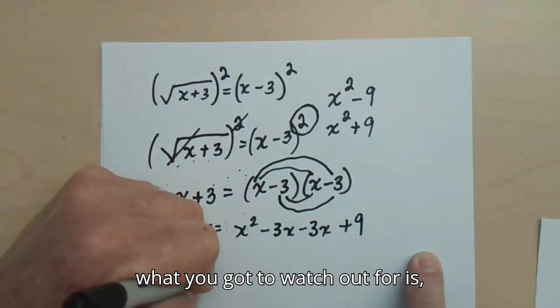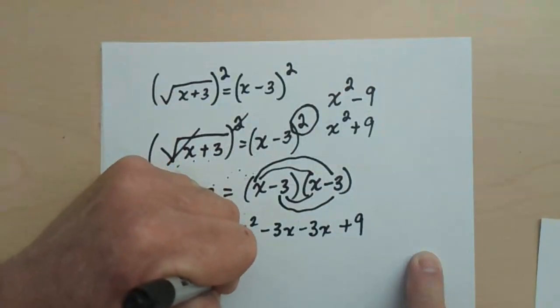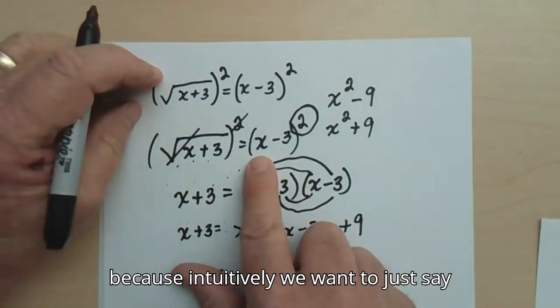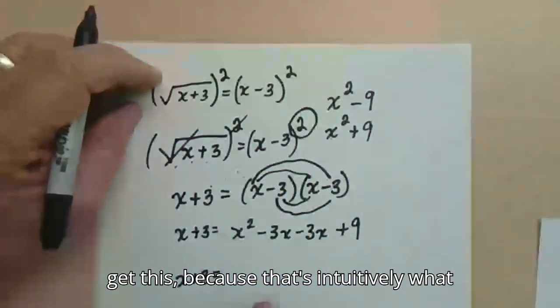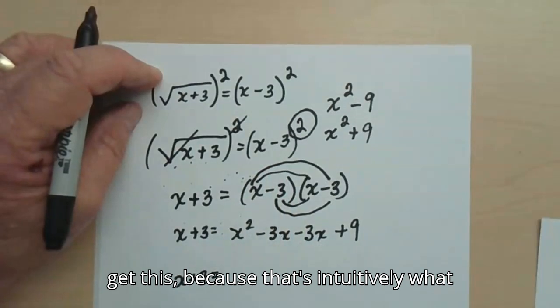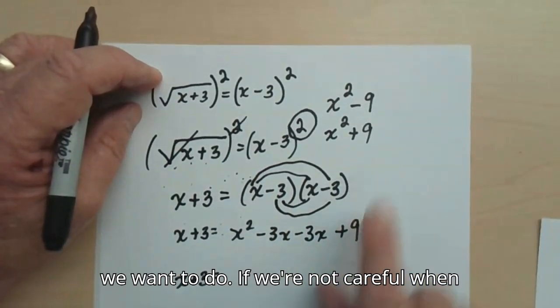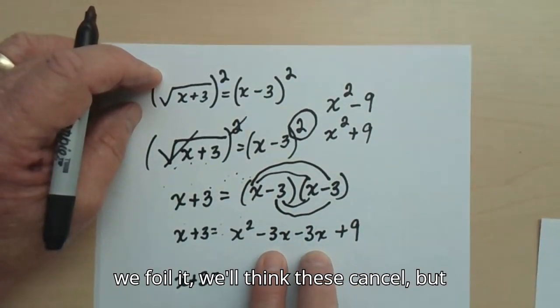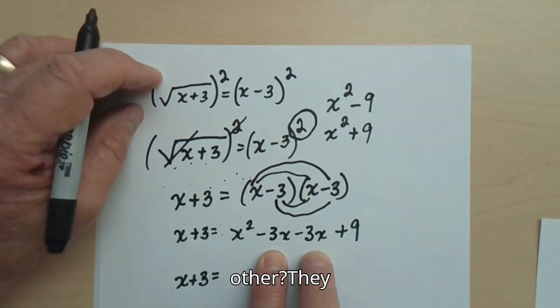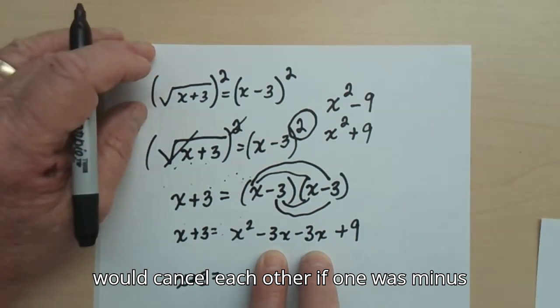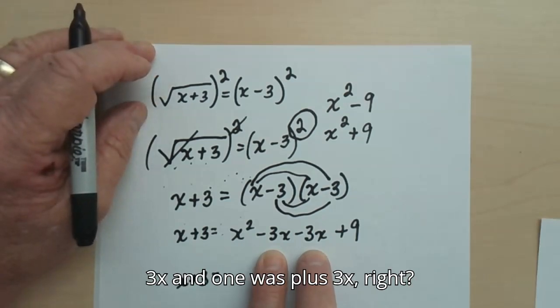And what you got to watch out for is, because intuitively we want to just say it's x squared minus 3 squared and maybe get this, because that's intuitively what we want to do. If we're not careful when we FOIL it, we'll think these cancel, but do y'all see that they don't cancel each other? Why not? They would cancel each other if one was minus 3x and one was plus 3x, right?